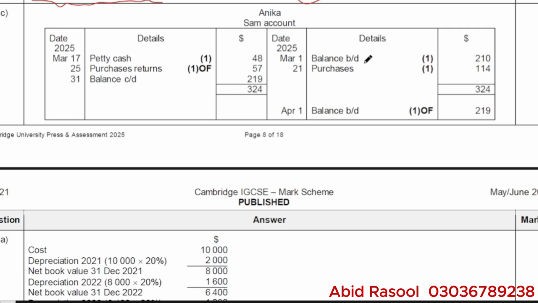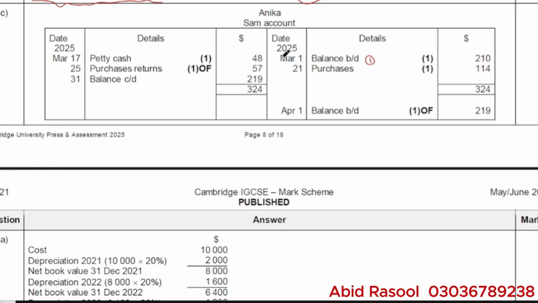The opening balance of any account is entered first. The balance BD 210 is on the credit side because Sam is our liability, and liabilities have credit balance. That's why this balance BD will come on the credit side.